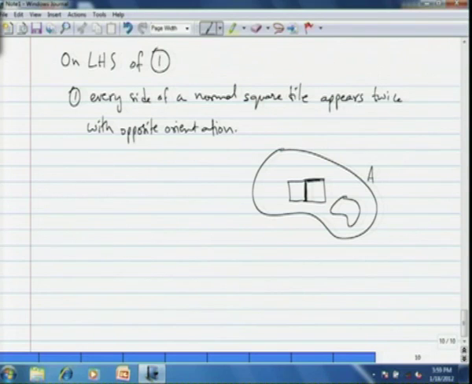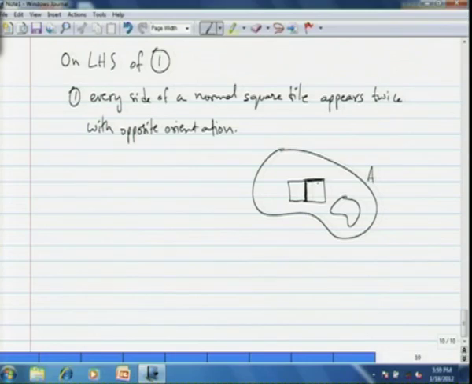So, each of these sides which are completely contained in the interior is shared by two tiles, and one of them will have the orientation on that side in one direction, and the other in the opposite direction, because both these tiles are oriented in the positive sense.